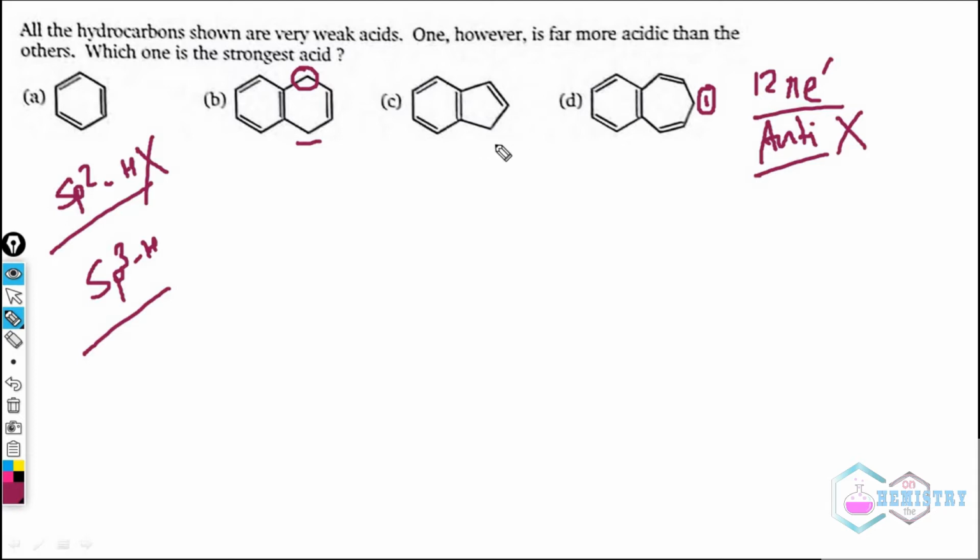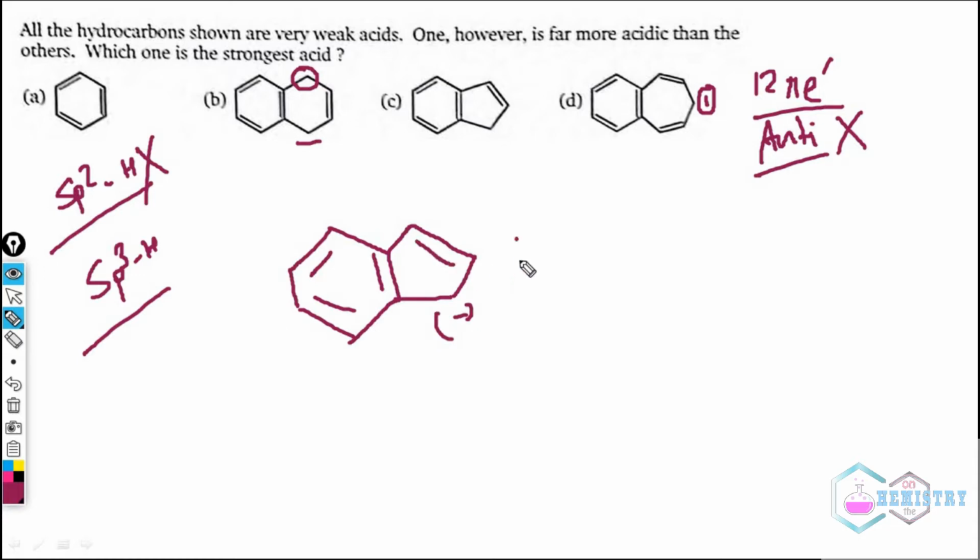That leaves this compound. Now this has already 4 pi bonds, that means 8 pi electrons, but due to the non-delocalized structure, this is a non-aromatic structure. But if in this compound the sp3 hydrogen is removed, there will be a negative charge and there will be a total of 10 pi electrons, and there will be a complete delocalization like this.